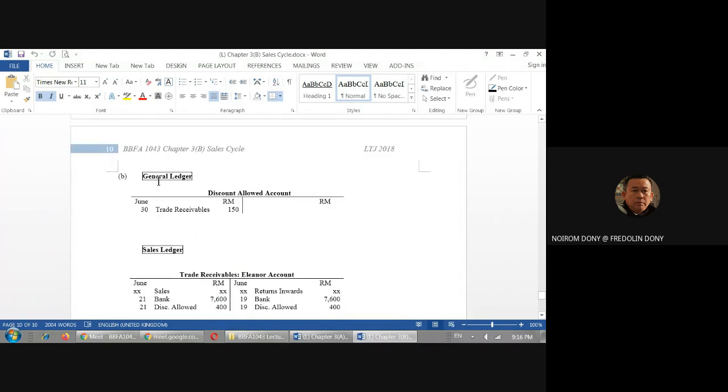When we prepare the trial balance and financial statements, we always refer to the main ledger, not the subsidiary ledger, not the sales ledger, not the purchases ledger. So trade receivable control account and trade payable control account are part of the main ledger. Did I answer your question well? Okay.